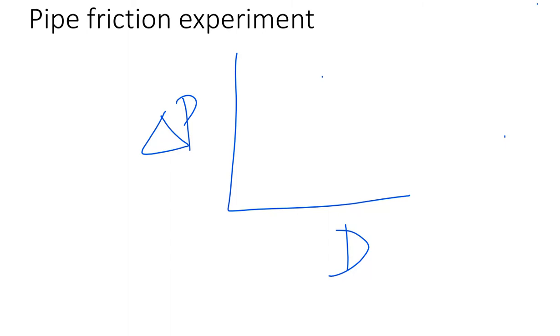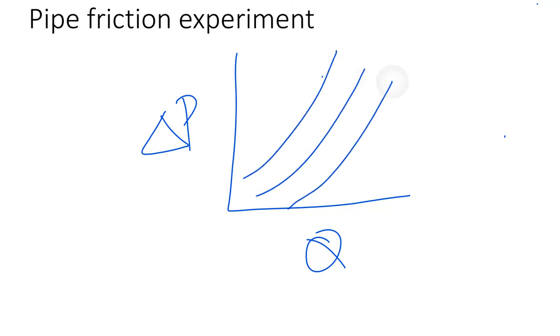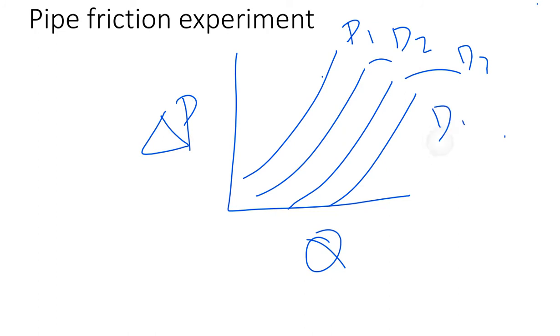So the same analysis you did here: if you plot delta P versus Q for four diameters, D1, D2, D3, D4, can you tell me what the order of diameter is? The smaller the diameter, the more the pressure drop due to friction. So D1 is the highest pressure drop, so D1 is the smallest diameter, D1 is less than D2, less than D3, and so on.